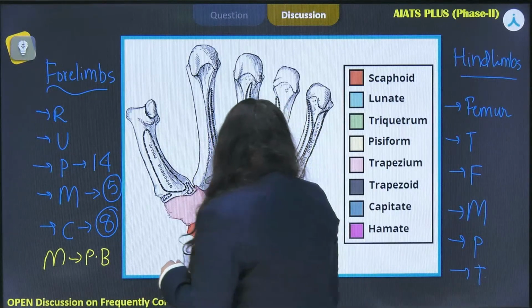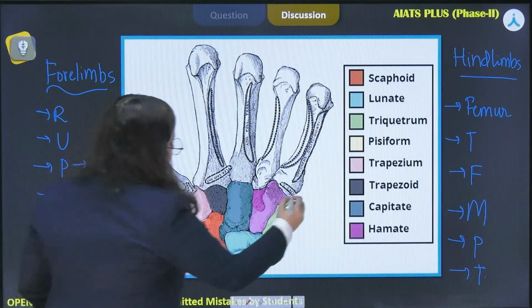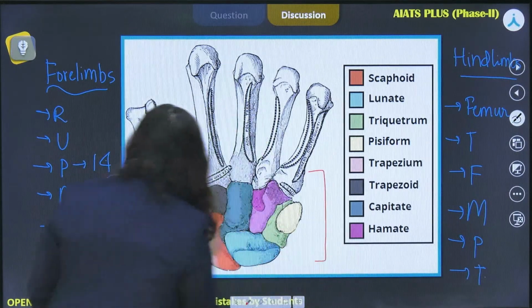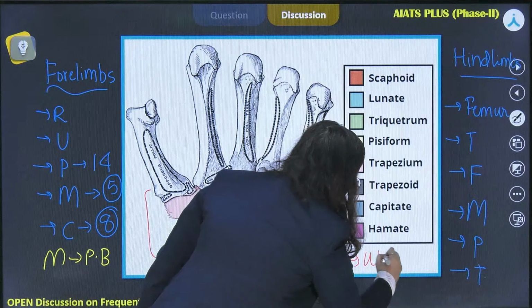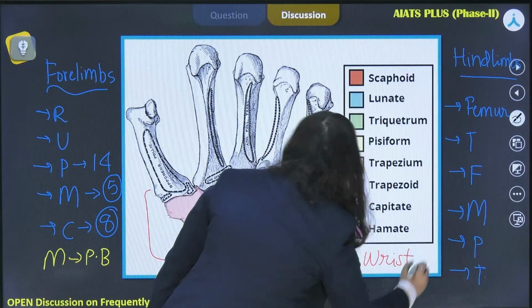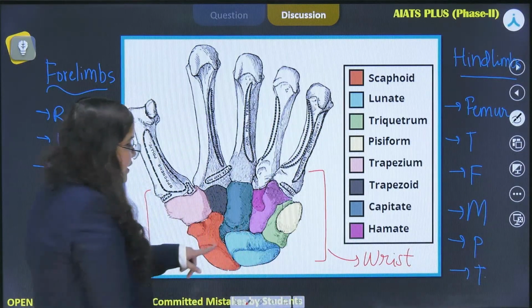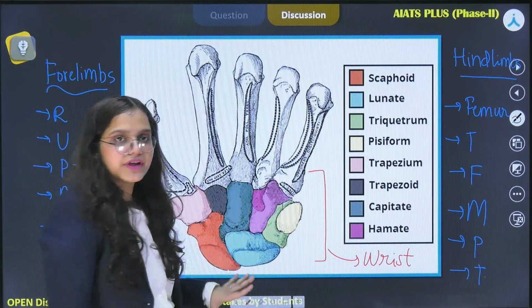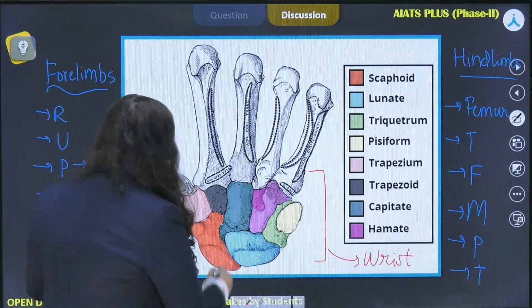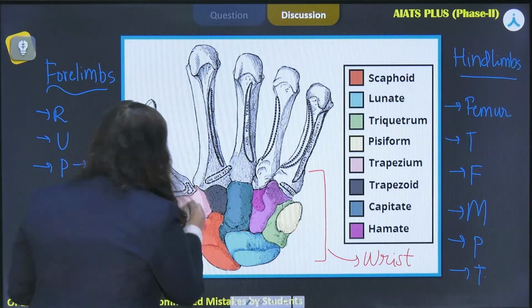In the figure on your screen, this is the wrist bone, and you can see 8 different bones colored differently. We can see we have 8 separate bones.